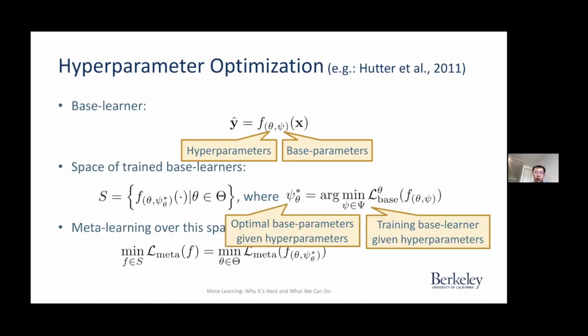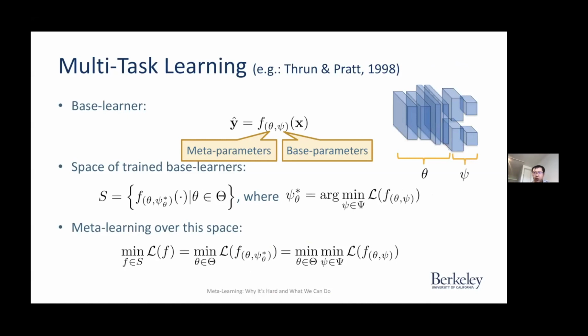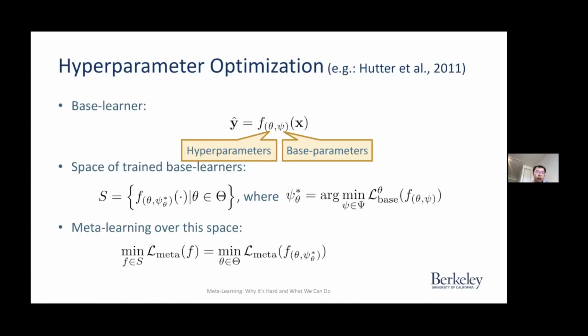One example would be multi-task learning. I think multi-task learning is the more common name. But if you take a look at the literature, meta learning is more of an umbrella term that encompasses all these different flavors of meta learning.